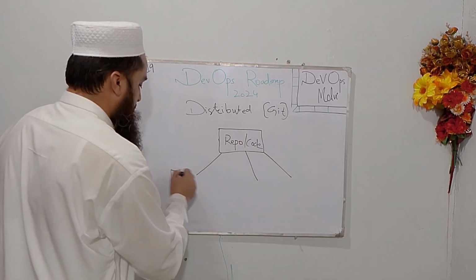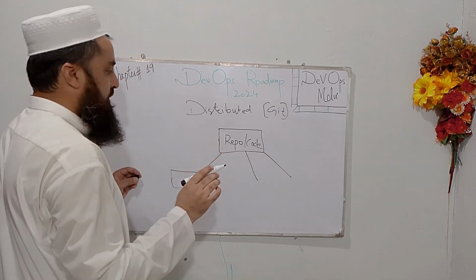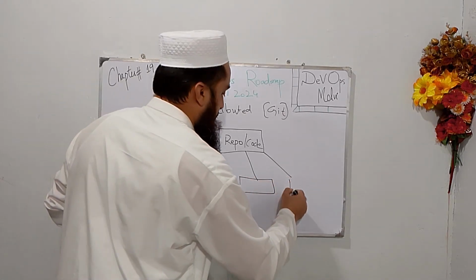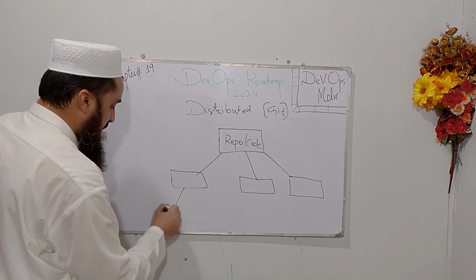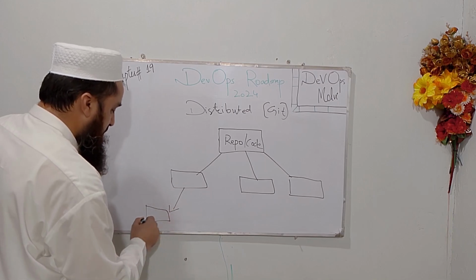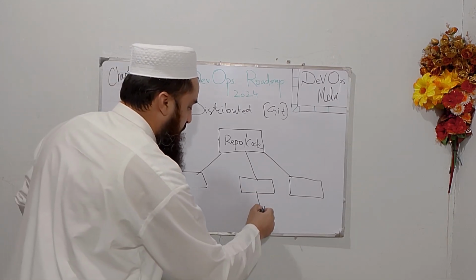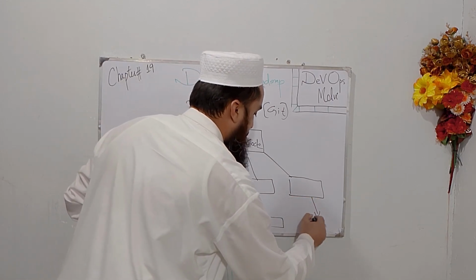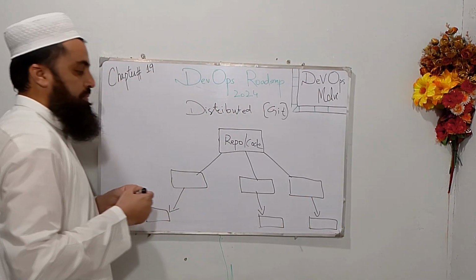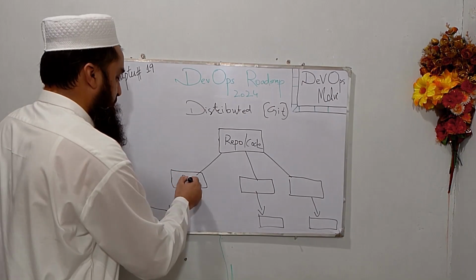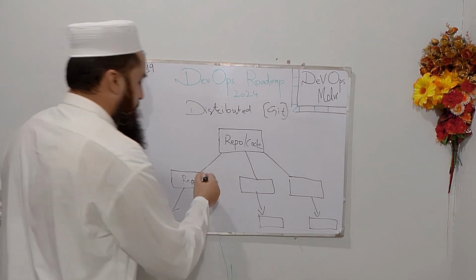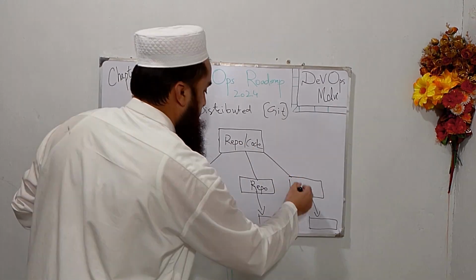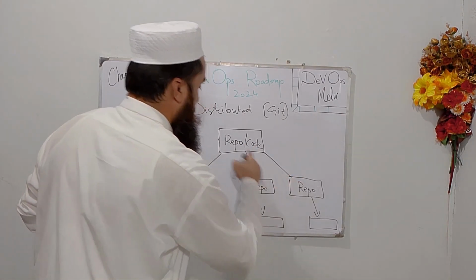This is another full-fledged copy of our repository. This is another copy, and this is another copy. And now the developers are working on that code. They have the full copy of the code on their personal computers. This is also the repo, and this is the copy of this main repo, and this is also the copy of the repository.